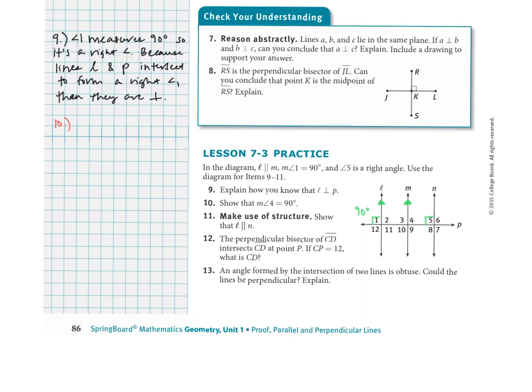That goes back to that idea of a perpendicular transversal theorem. Remember, if a transversal is perpendicular to one of two parallel lines, then it is perpendicular to the other.